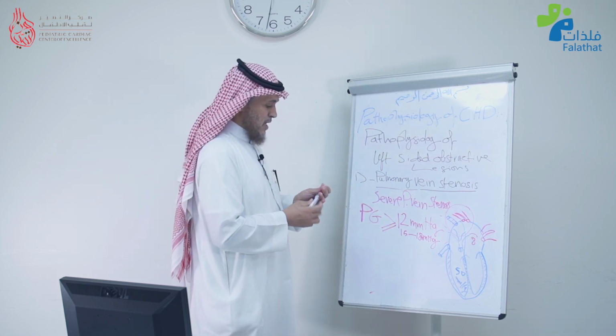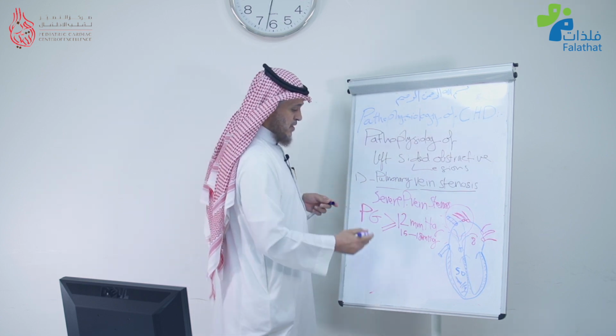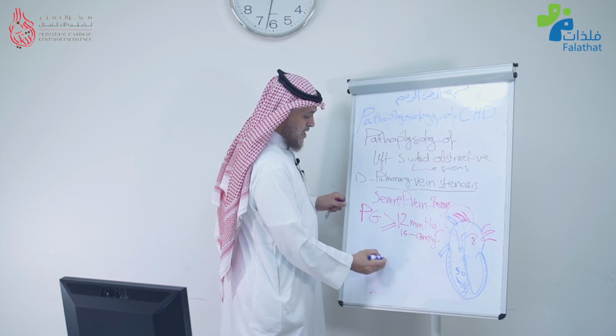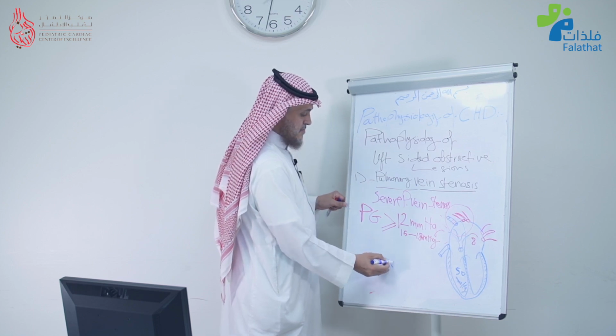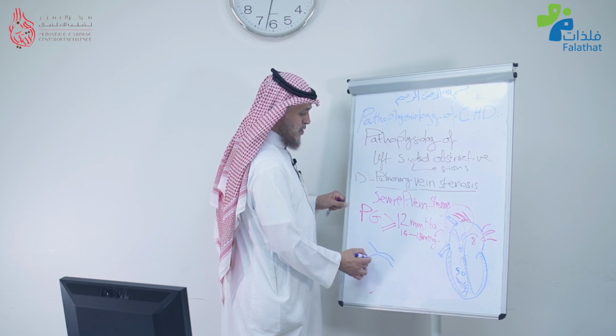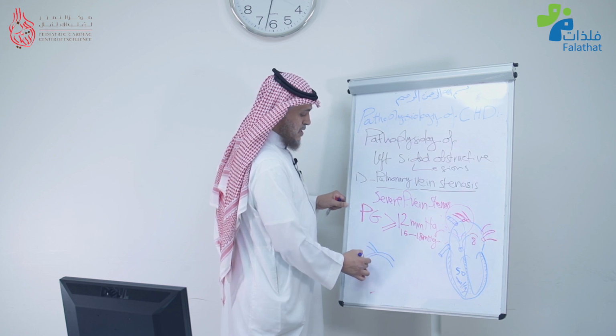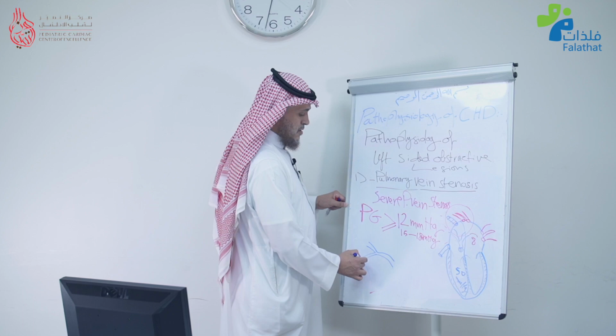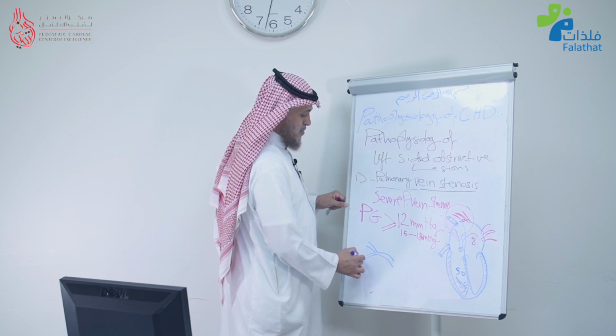Let's go back to our lung. If this is now the right lung, right pulmonary artery, upper lobe, middle lobe, and lower lobe.